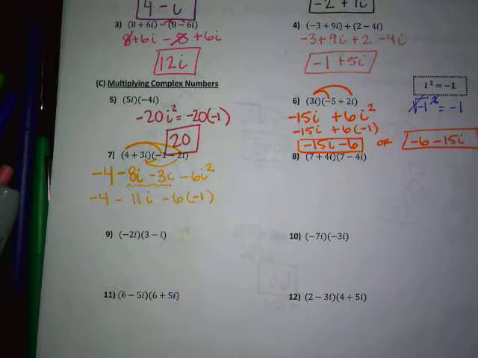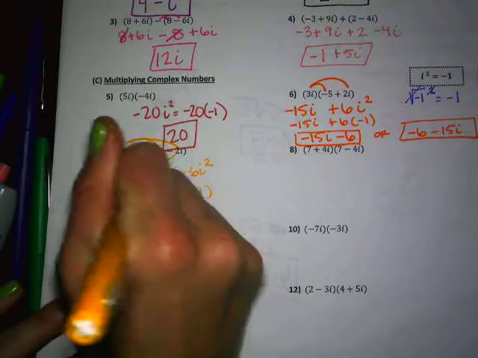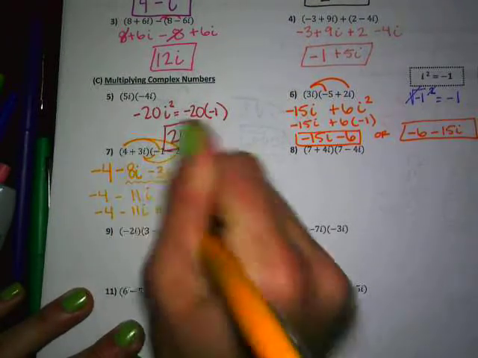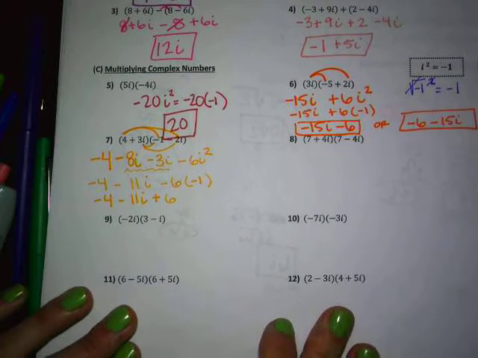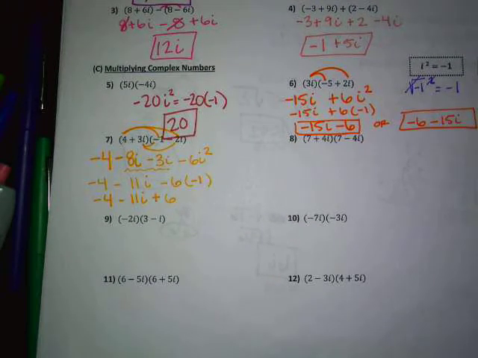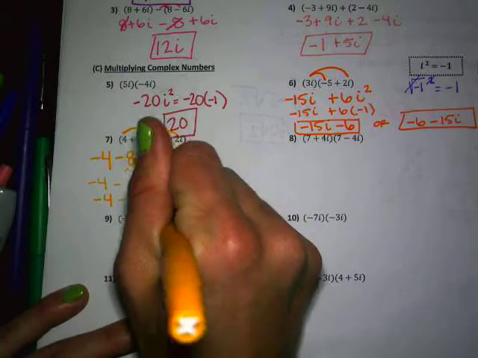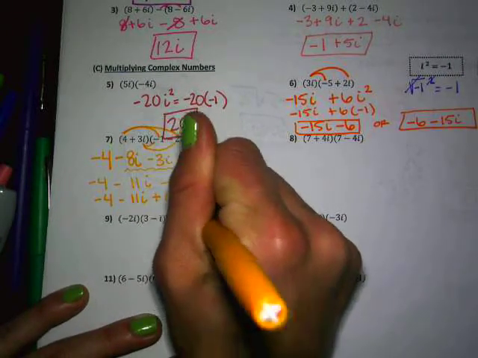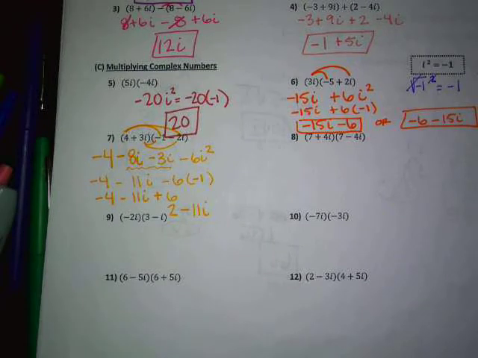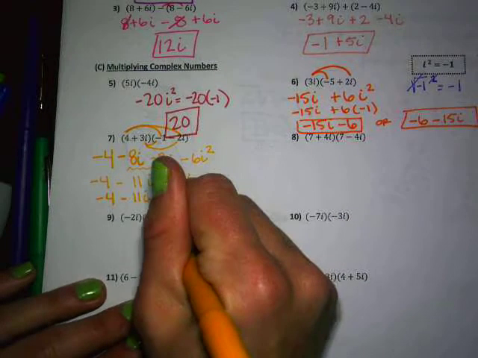So negative 6 times negative 1 is positive 6. And then the very last step, we combine our real parts. So negative 2 minus negative 11. Close. Positive 2. Positive 2 minus 11i.